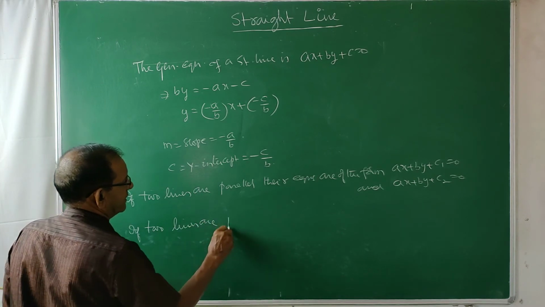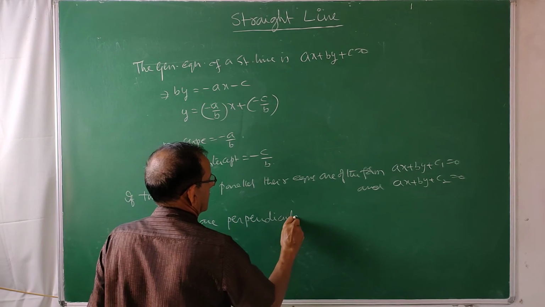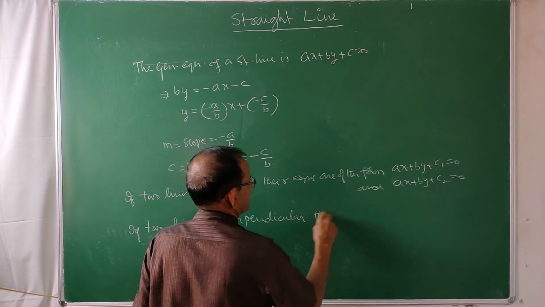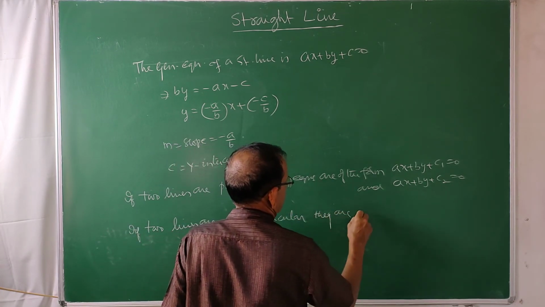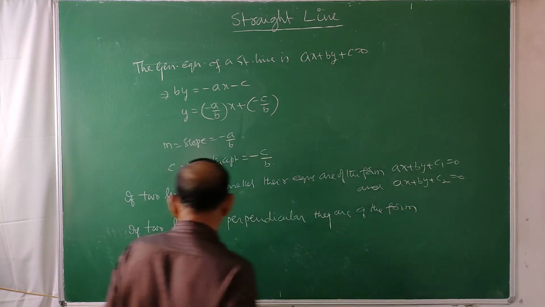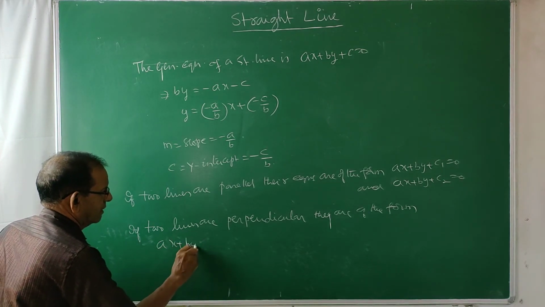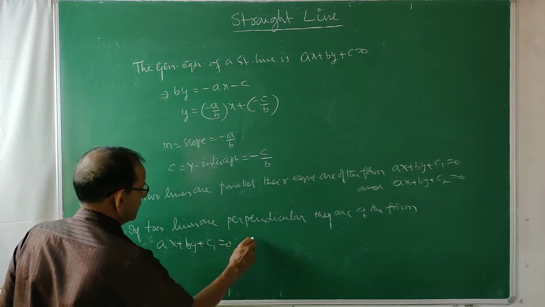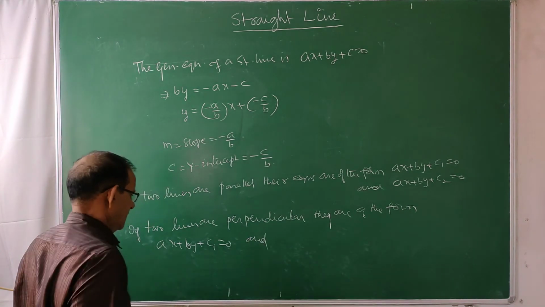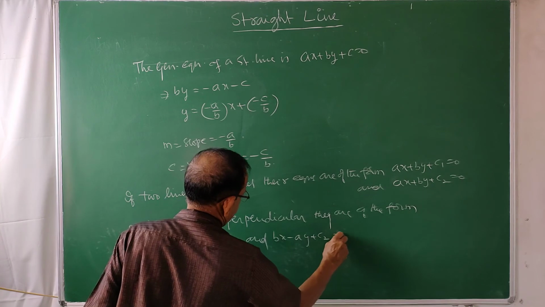For perpendicular lines, if two lines are perpendicular, they are of the form ax plus by plus c1 is equal to 0 and bx minus ay plus c2 is equal to 0.